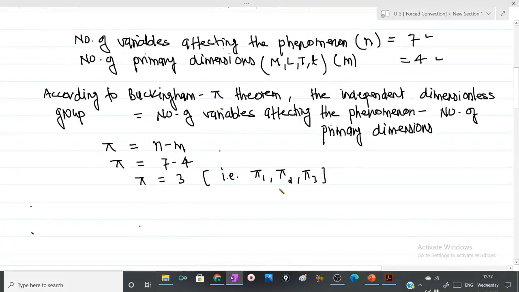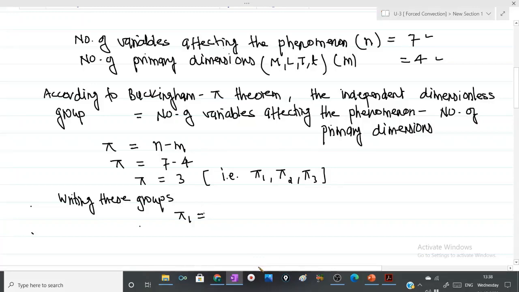Now let us write the equations for each of these independent dimensionless groups. While writing the equations, taking the different variables under these independent dimensionless groups, we will be following some of the basic rules of non-dimensionalization of parameters.